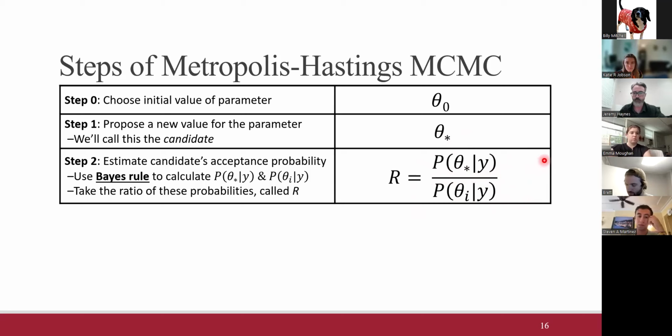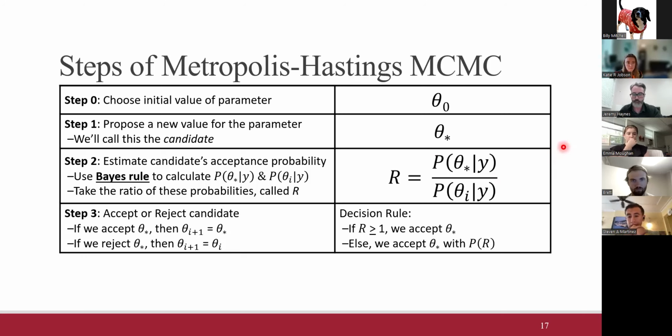That makes sense, how R kind of means, broadly speaking. An odds ratio might be one way to think of it. Okay, and so in our third step, we're going to use a decision rule to determine whether we're going to accept or reject the candidate.